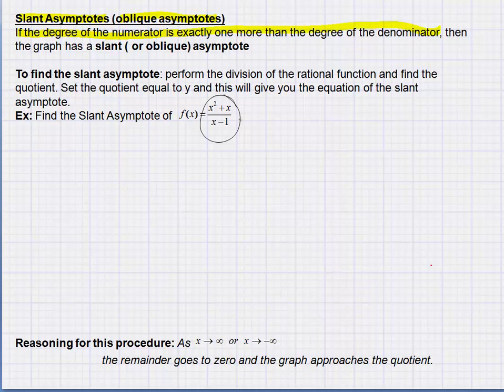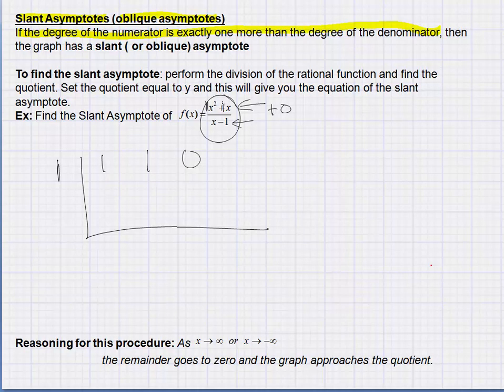So if I perform this division, I can do it one of 2 ways. I can do synthetic division or long division, mainly because the denominator is in the form for synthetic division. So I'm going to use synthetic division. I'm going to put a 1 outside, and a 1, a 1, and a 0 inside, because this one is missing that constant on the end, so I add a plus 0 for the constant.